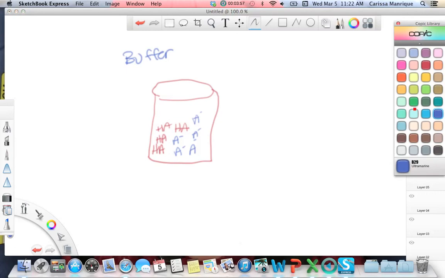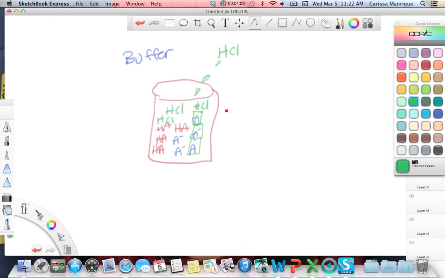So let's think about this. Let me add some strong acid in here. Let me add some hydrochloric acid, so I'm dripping some HCl in here. What does a buffer do? Well, what neutralizes a strong acid? Base does, right? So this base right here will neutralize the acid there. Not this acid, because it lives in equilibrium with this one, but it'll neutralize this hydrochloric acid.